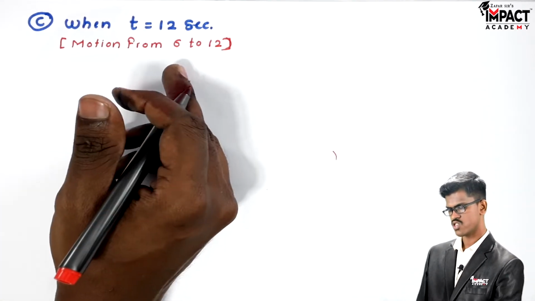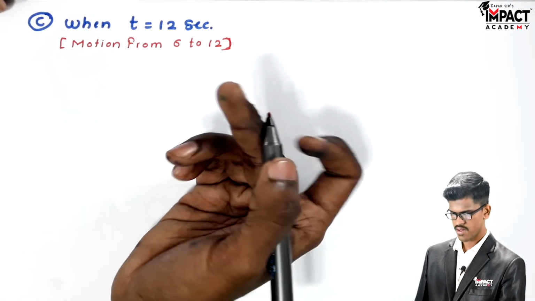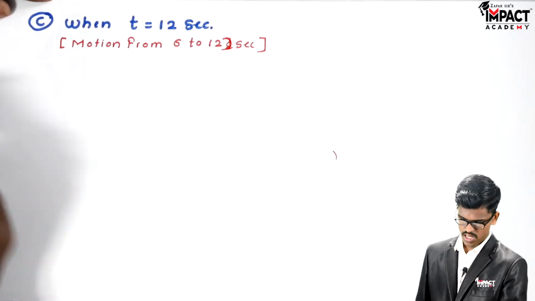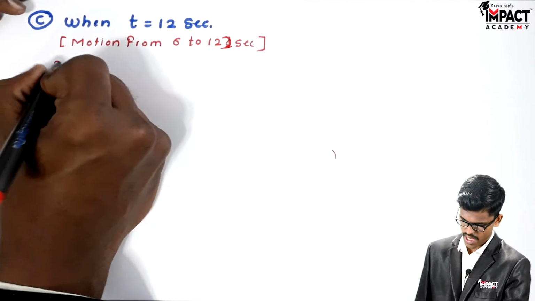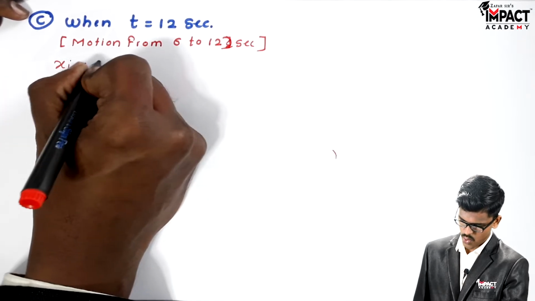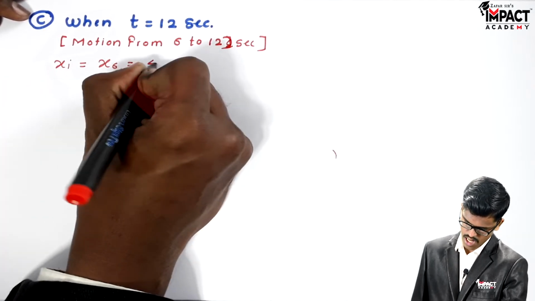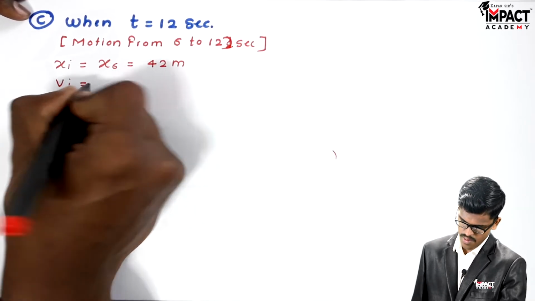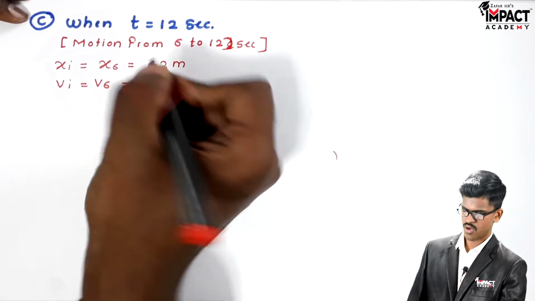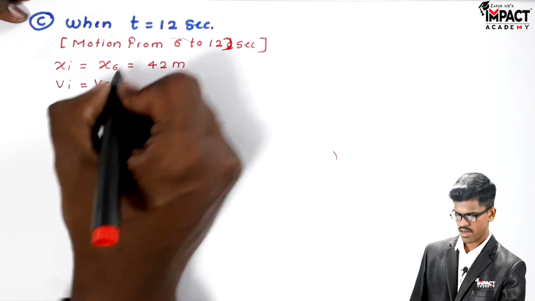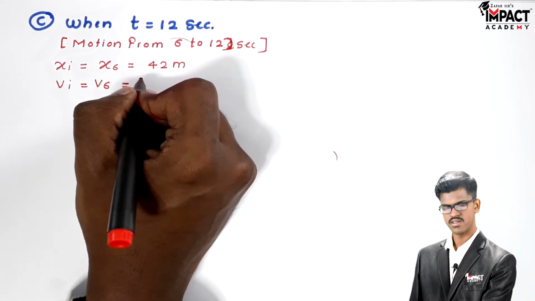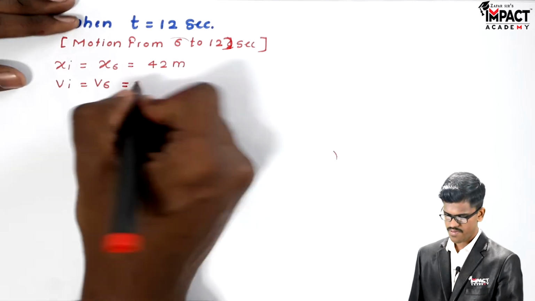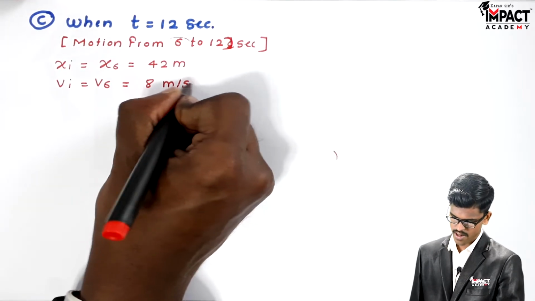For the motion 6 to 12, the initial position xi is equal to x6, that is 42 meter. Then vi will be v6, because we start the motion from 6 seconds. v6 is 8 meter per second.